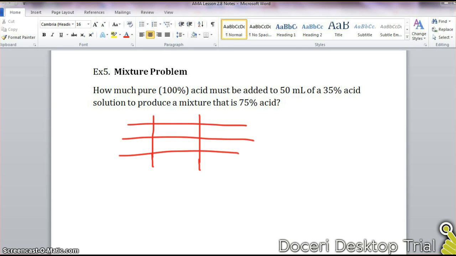So we have 35% plus, we're going to add to that a 100% solution to get a 75% solution. So 0.35, and then that's going to be 1, and that's 0.75, and this is the amount of solution over here.